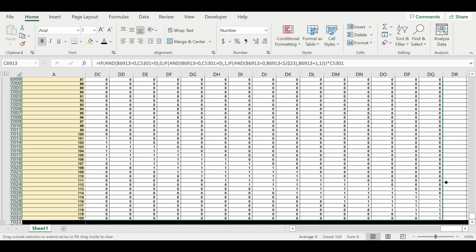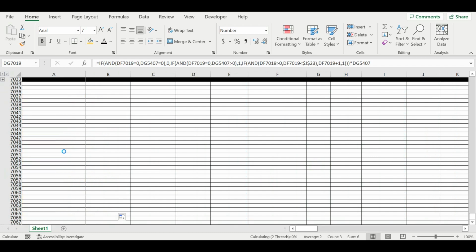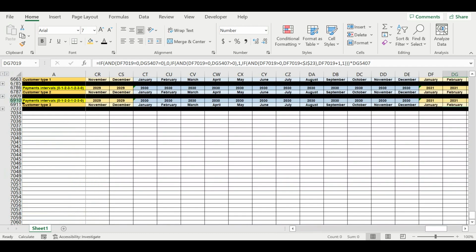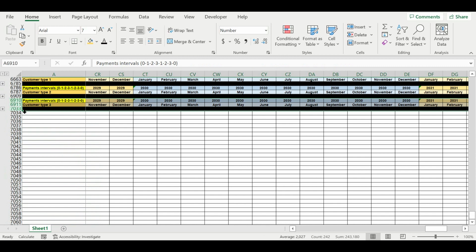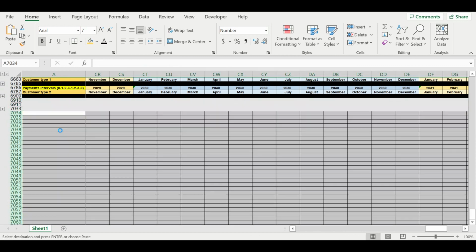This says again 1, 2, 3 because the payment period is... Then move to number 4.